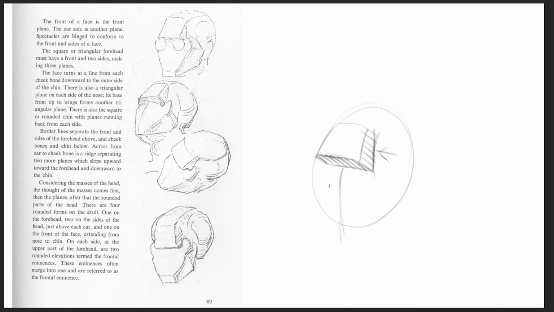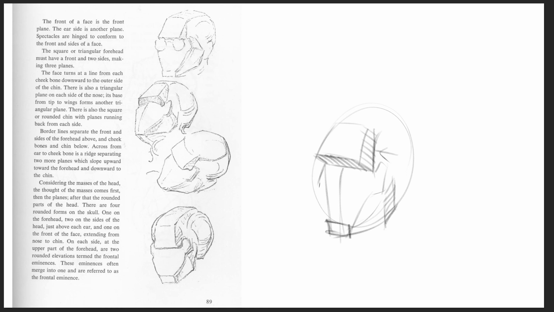Then there's the triangular space that makes up the cheekbones and the rest of the face on its way down to the chin, which he also separates very deliberately, and the jawline as that goes back towards the ear, with the masseter muscle as its own separate section, the jaw from the masseter.